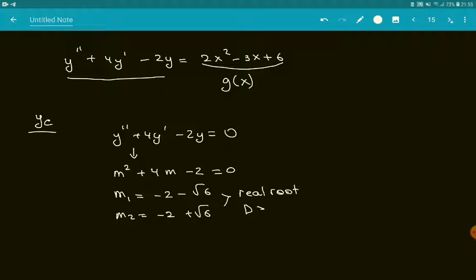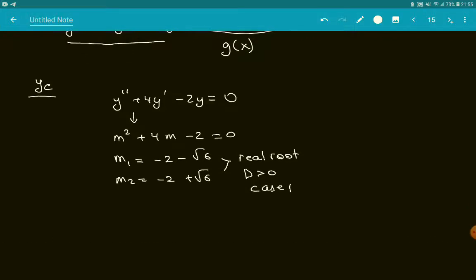It means that the discriminant is bigger than 0. This is case 1. So what was our answer for case 1? If you remember, yc, now it is complementary, we don't write just y: C1 e to the m1x plus C2 e to the m2x. Now here, C1 and C2 we don't know, we just write e to the m1x, where m1 is negative 2 minus square root 6, x, plus C2 e to the negative 2 plus square root 6, x.